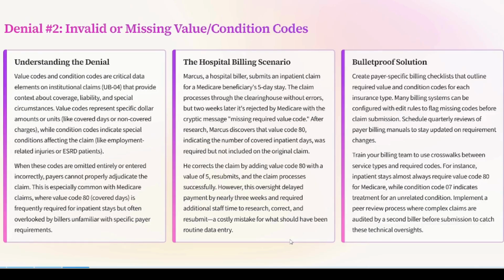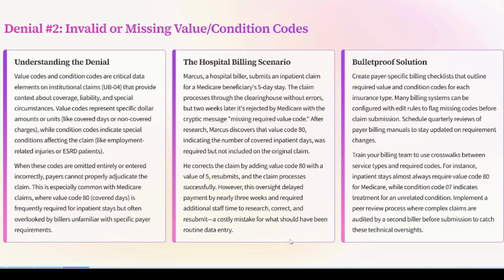All right. So, bulletproof solution. Create payer-specific billing checklists that outline required value and condition codes for each insurance type. Many billing systems can be configured with edit rules to flag missing codes before claim submissions. Schedule quarterly reviews of payer billing manuals to stay up to date with required changes.